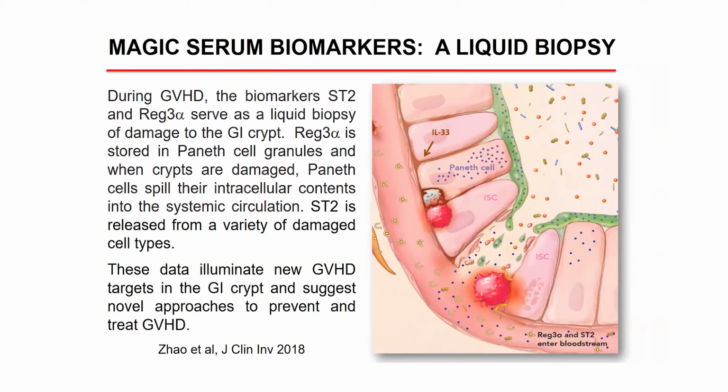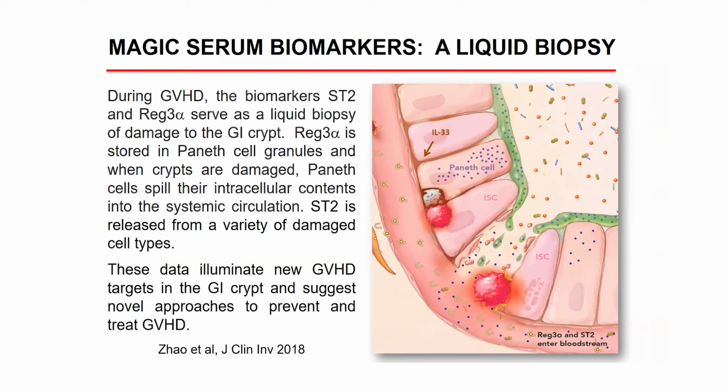During GVHD, these two biomarkers, ST2, which is the soluble IL-33 receptor, and regenerating islet-derived 3 alpha, or reg3 alpha, which is an antimicrobial peptide, both serve as a liquid biopsy of the damage that occurs in the GI crypt. Because reg3 alpha is stored in Paneth cell granules, when the crypts are damaged, the Paneth cells spill their intracellular contents into the systemic circulation.